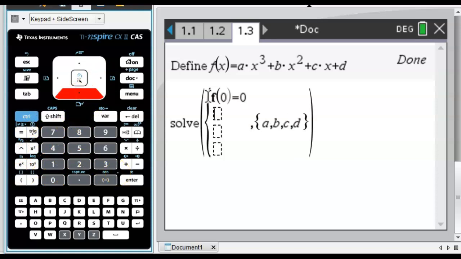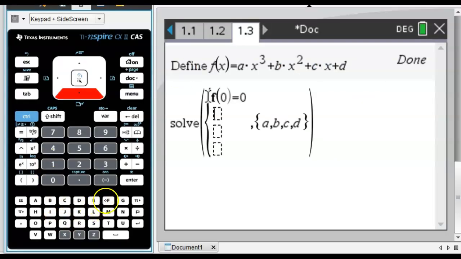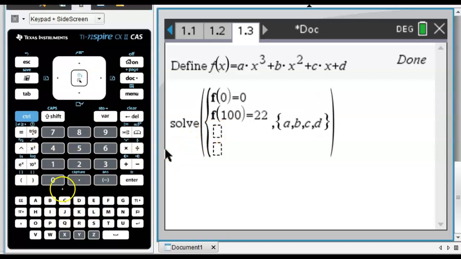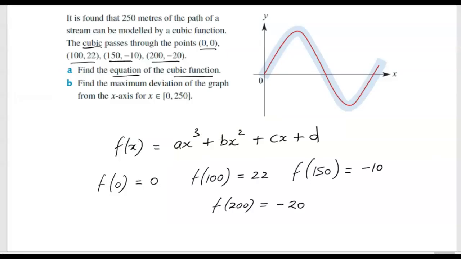The second point is going to be f of 100 equals 22. Then we've got f of 150 equals, I believe it's minus 10. I'm going to go back and double check that. And then f of 200 is minus 20.